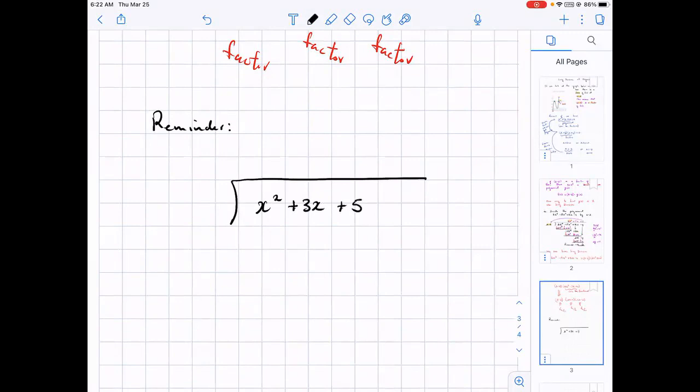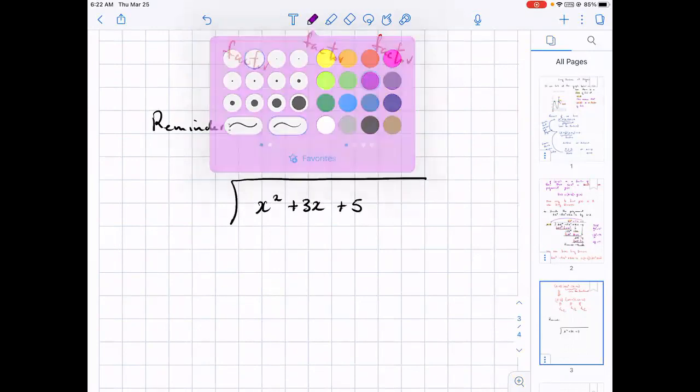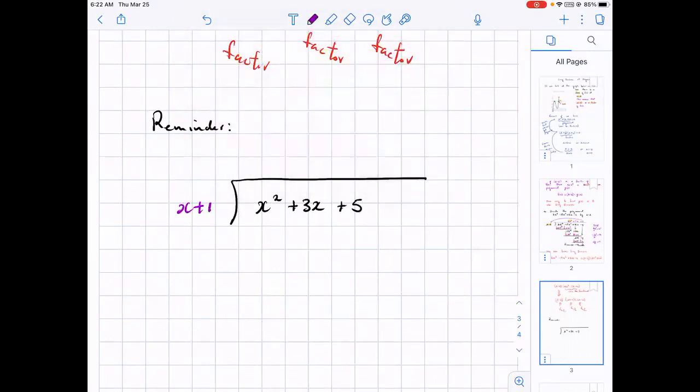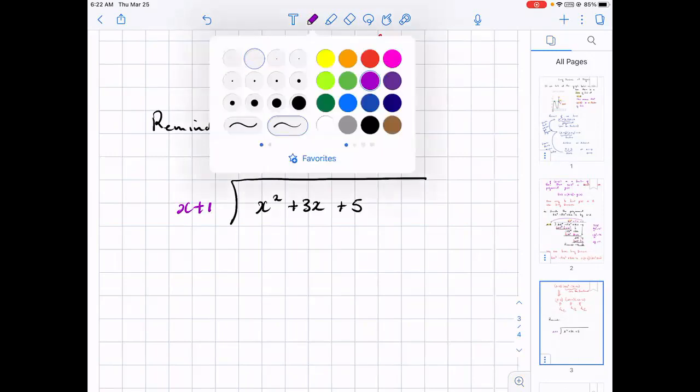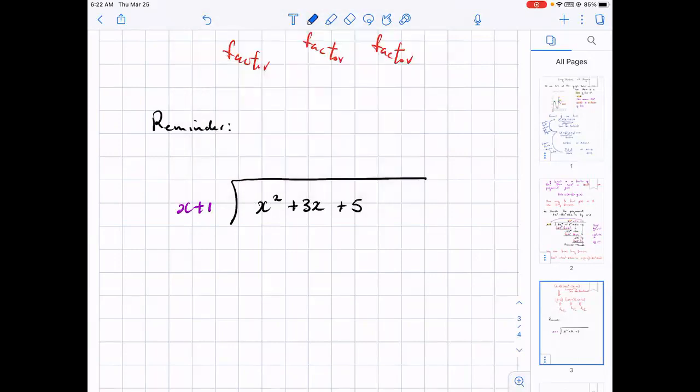And if I divide that by x plus 1, and I do all of the work here, okay, if we look at the scrap work, x squared divided by x is equal to x.